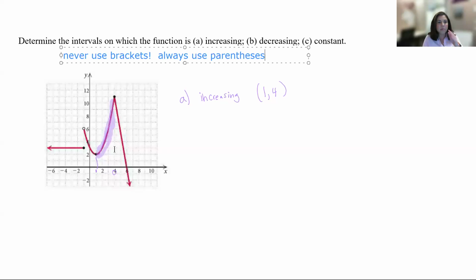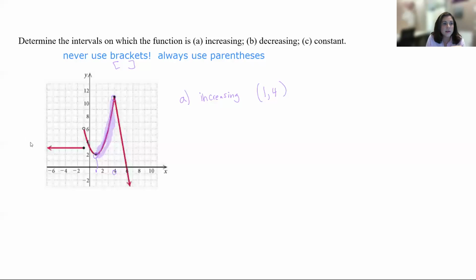And at the point itself, which would be represented with a bracket if we were talking about solutions, nothing is actually happening, the function is just staying at that point. What we're describing is when are the function values increasing? When are they going up? When is the action happening? And the action is happening in between x equals 1 and x equals 4. And so that's why we're always going to be using parentheses when we're describing these intervals.